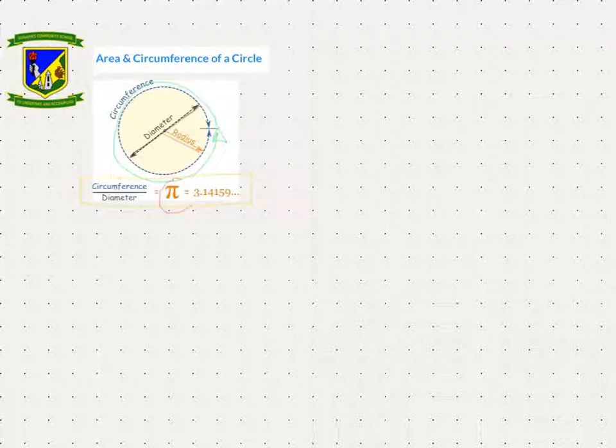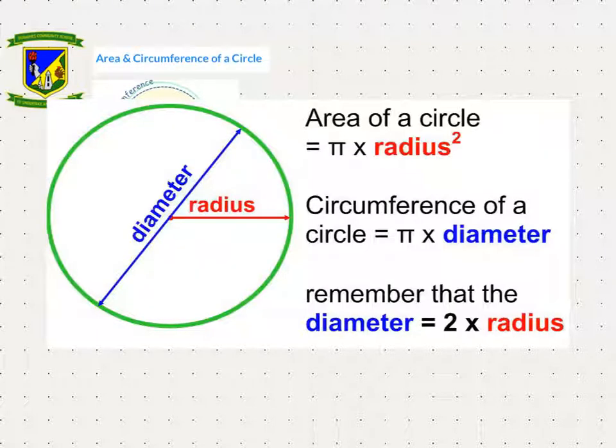We call it pi. It's important to understand pi and radius and diameter because these terms are needed in order to calculate some identities in circles, like, for example, the area of a circle.